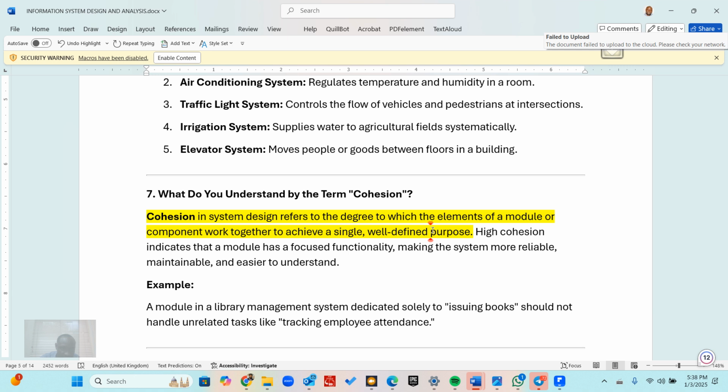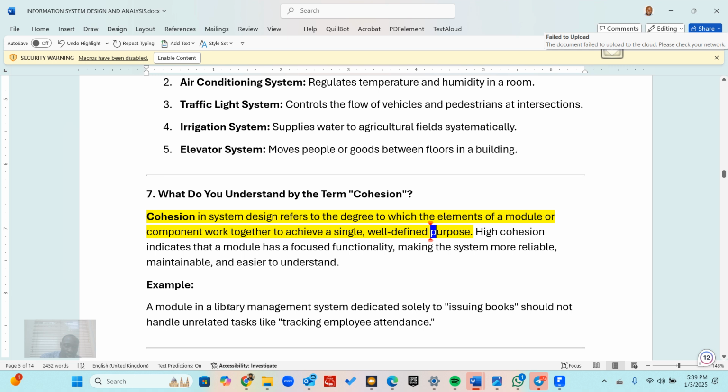High cohesion indicates that the module has a focused functionality, making the system reliable, maintainable and easier to understand. So that's high cohesion.